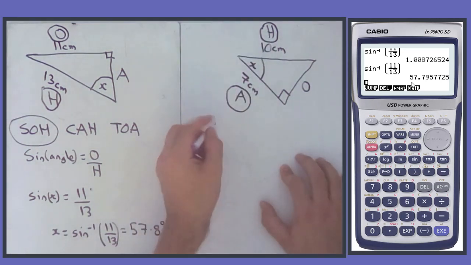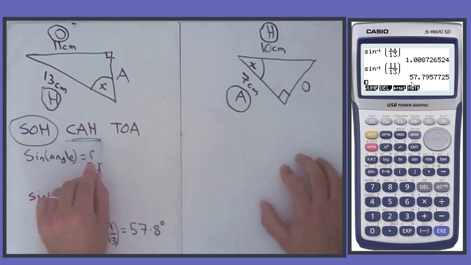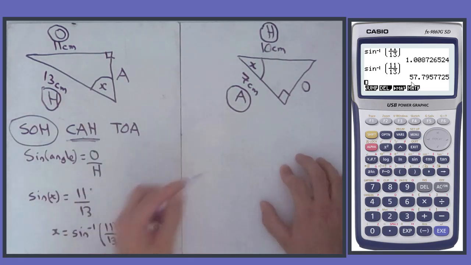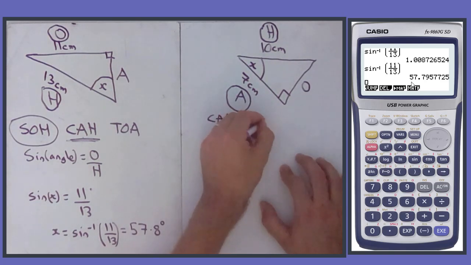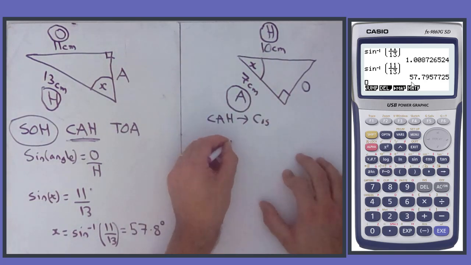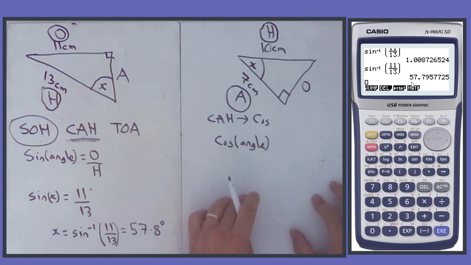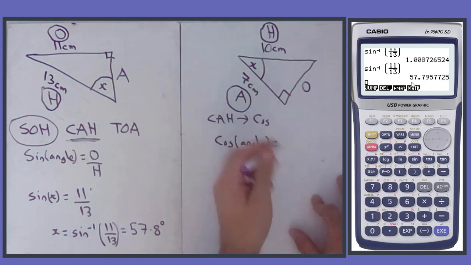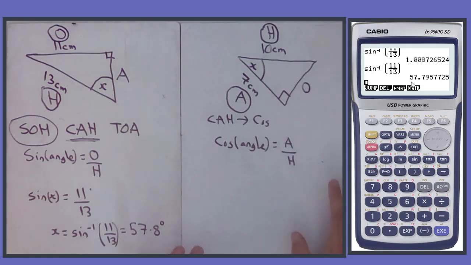Okay, remember SOHCAHTOA, we need to decide which one of these it is, and you can see it's CAH, that has an A and an H in. CAH means cos, and cos means cos angle equals A over H. Remember, you don't have to write this, but I'll write it to hopefully help. Adjacent side over the hypotenuse side.